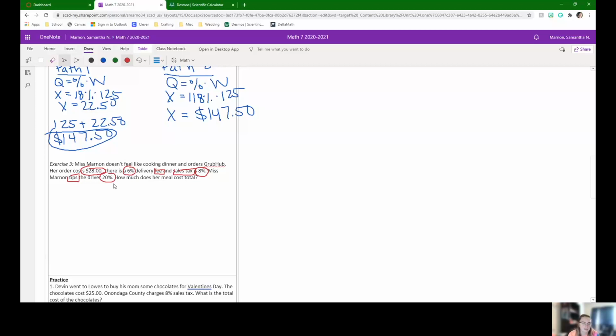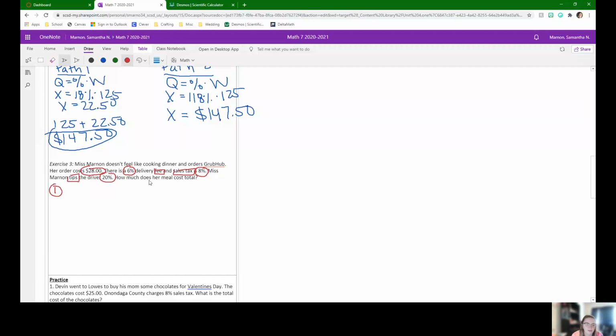So I have 3 things I see here we need to calculate. We need the delivery fee, we need the sales tax, and we need the tip. All of these things we are going to do based on the subtotal. So we're going to use the subtotal. I looked at Grubhub actually with Miss Nealon. So if you guys know Miss Nealon, she helped me figure out if we're supposed to do the delivery fee off the subtotal or if it's off the total.